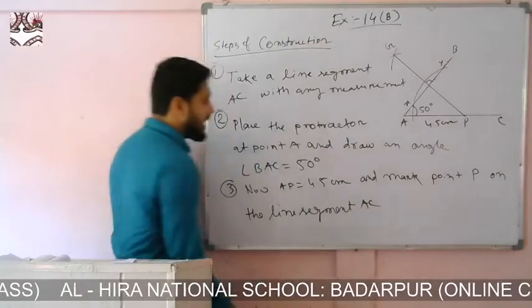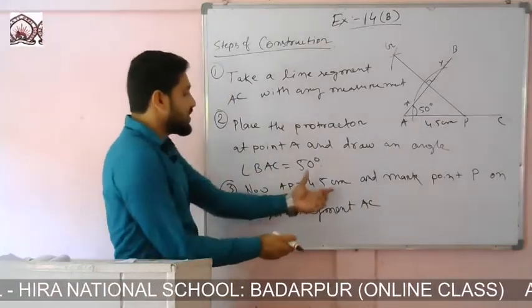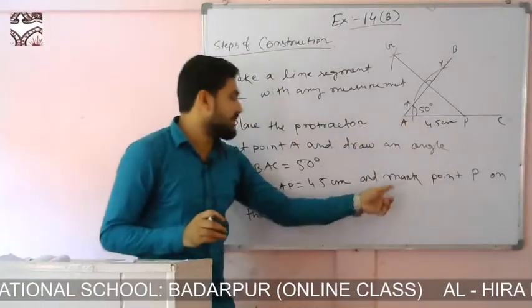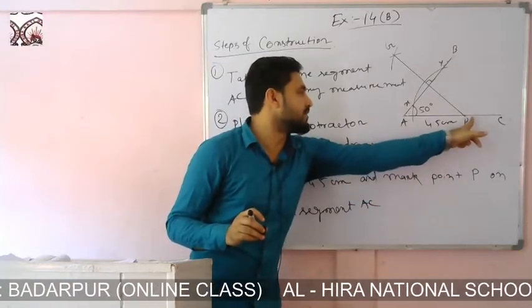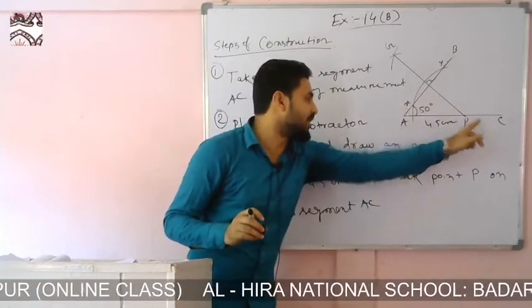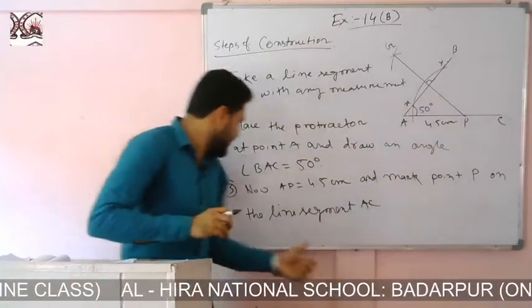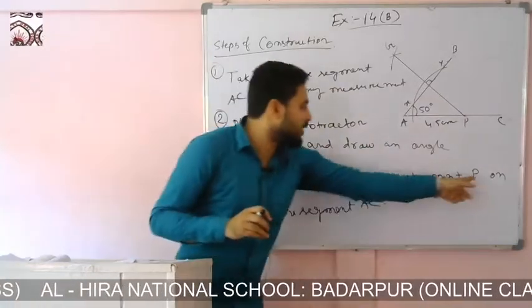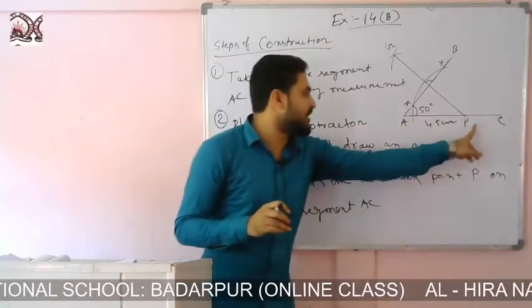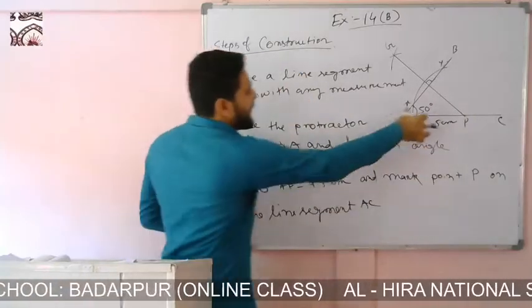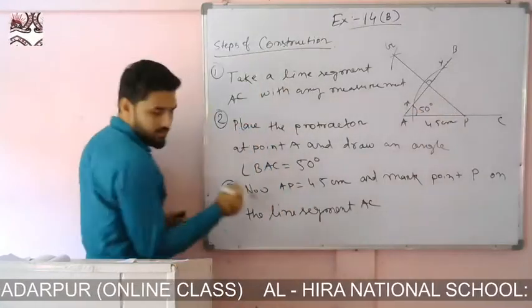After that you take AP equals 4.5 and mark point P on the line segment AC. After marking point P, from P you take a radius.